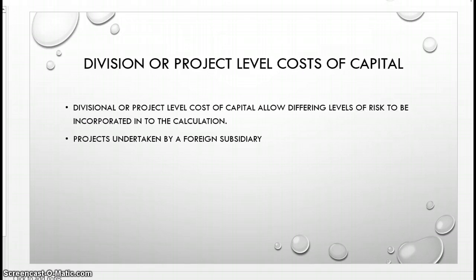There may be the possibility that there are additional foreign transaction risks that aren't in our general weighted average cost of capital rate. And so in that situation, there could be a consideration that we should use a different cost of capital on the project level for that particular project. It gives you an idea of when that might be used.